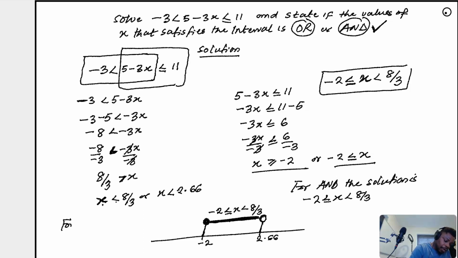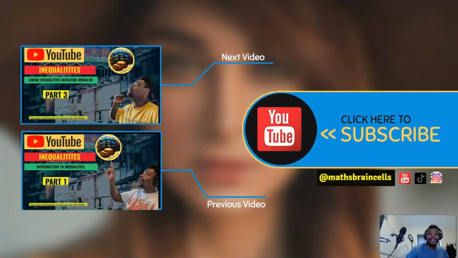While for "or", no solution, because it cannot be apart, it has to be combined.